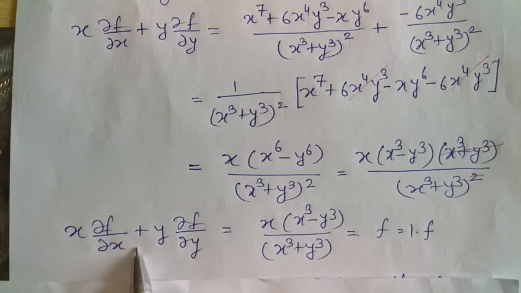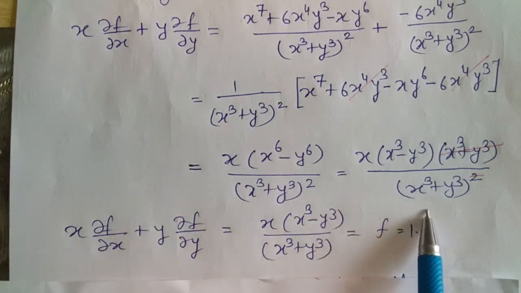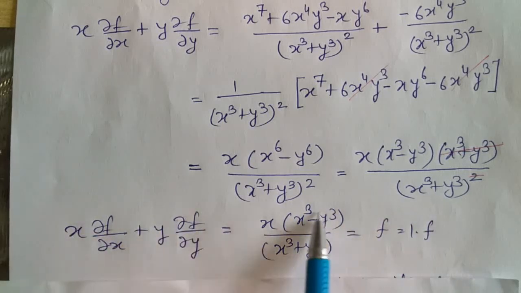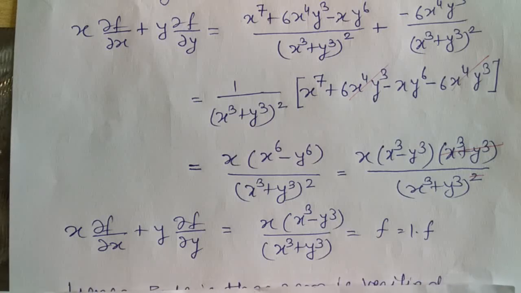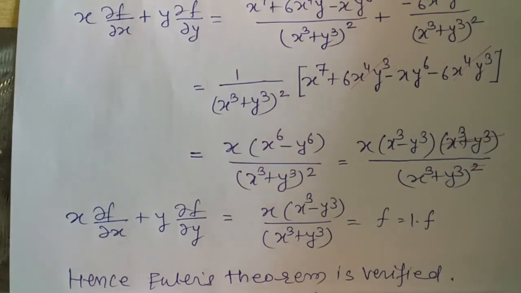So x del f by del x plus y del f by del y is equal to 1 times f for a homogeneous function of degree 1 in two variables x and y, which is the required expression of Euler theorem. Hence we can say the Euler theorem is verified for the given homogeneous function of degree 1 in two variables x and y.